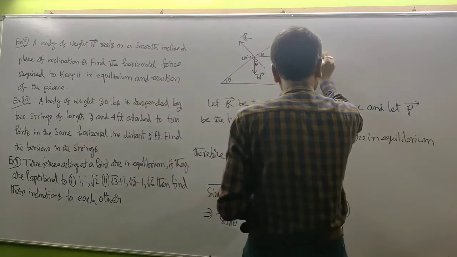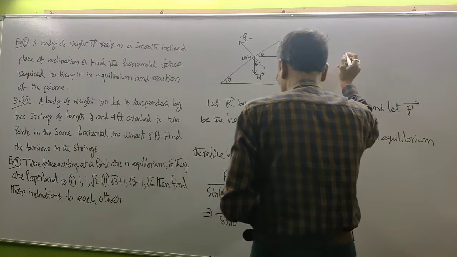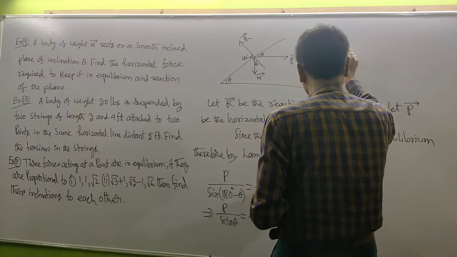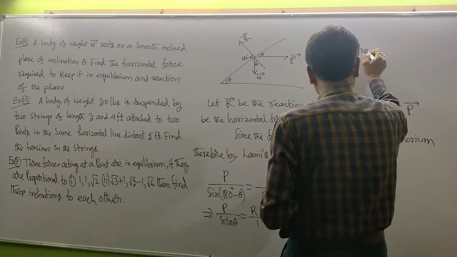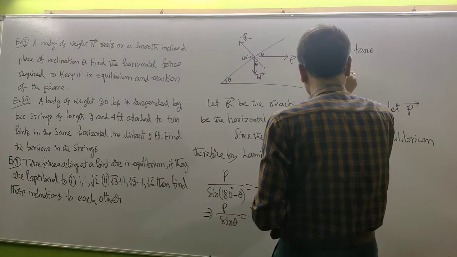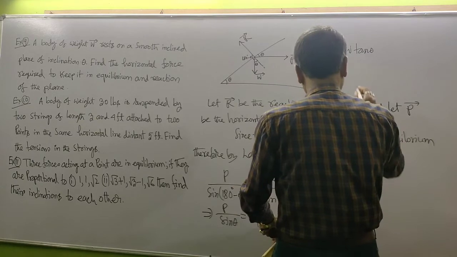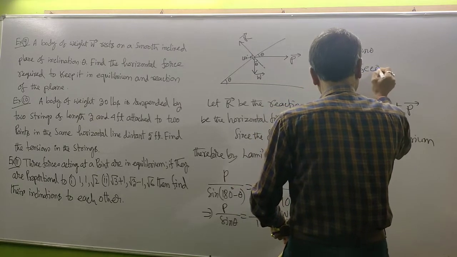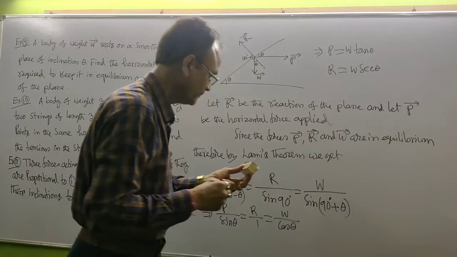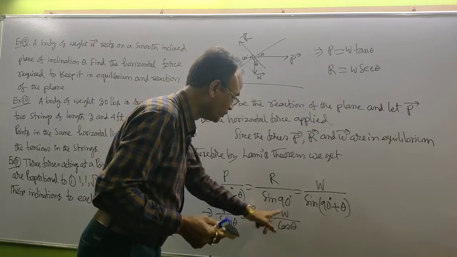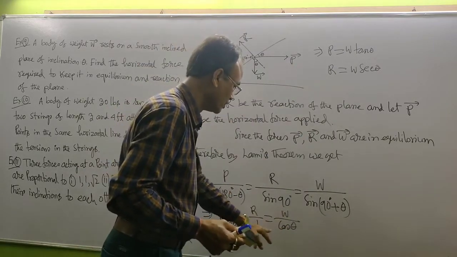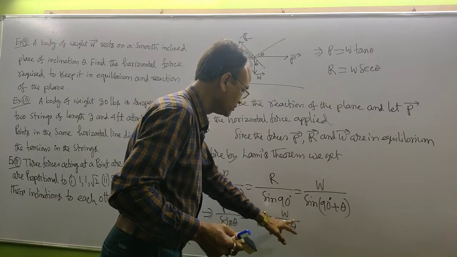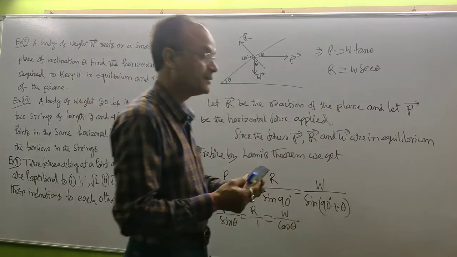This means P equals W tan theta, R equals W sec theta. You see, P equals W sin theta by cos theta, W tan theta, and R equals W sec theta, since 1 by cos theta is sec theta.